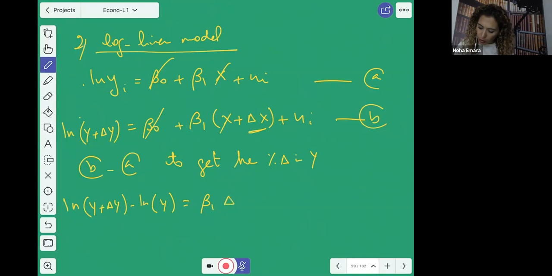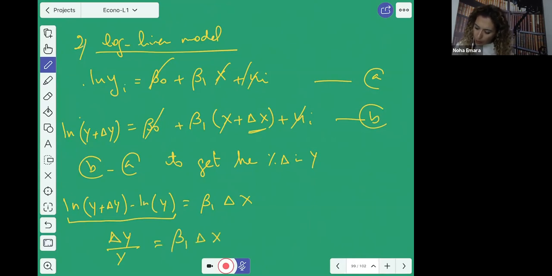Now, again, my interest would be about the change, okay? So based on the formula, I know that I can remove this part and write it this way. Change in y over y is equal to beta 1 change in x, okay?